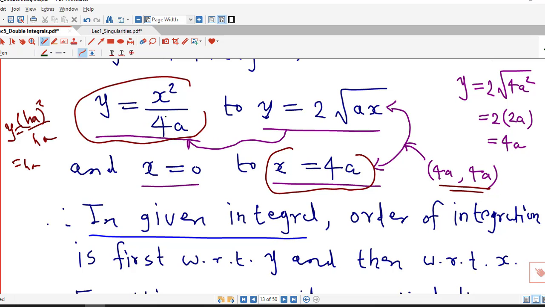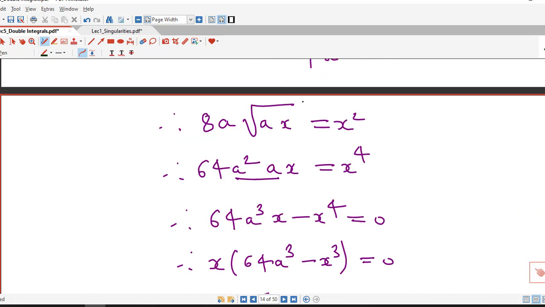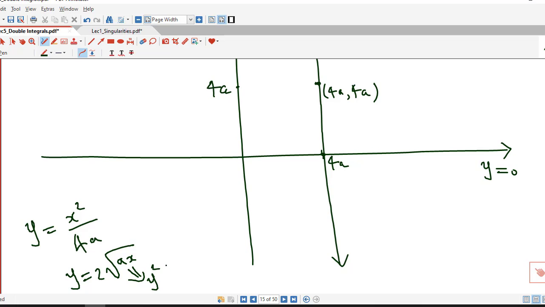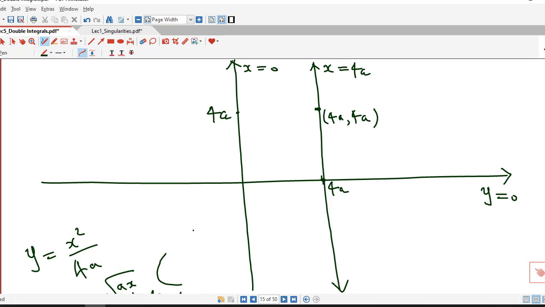Now we have y equal to x square by 4a and y equal to 2 under root ax. If I square this, it is y square equal to 4ax, and here because a is positive, this is a parabola in this shape. So y square equal to 4ax is the parabola passing through 0 0 and this point.